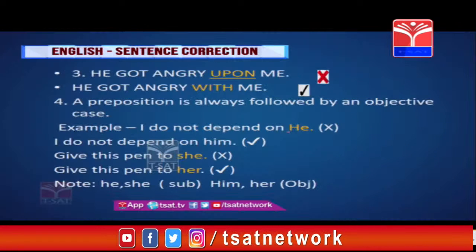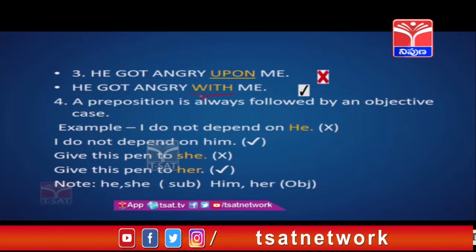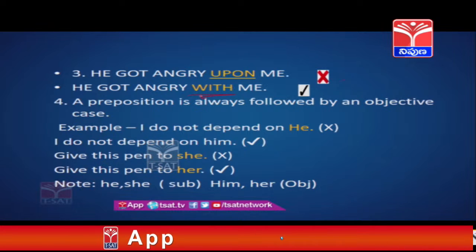He got angry upon me. Again, it's a Telugu translation, and "upon" is wrong. We say, he got angry with me. "With" is used to refer to a person, not "upon".